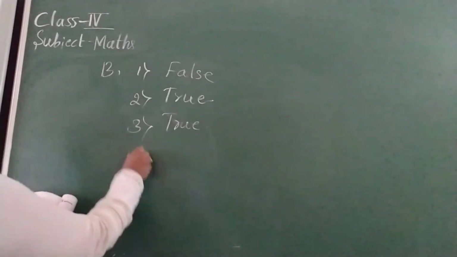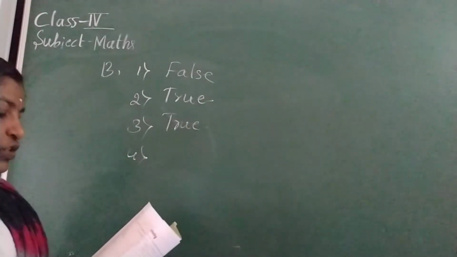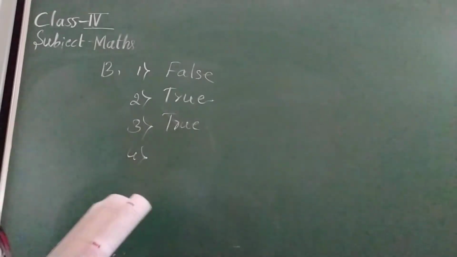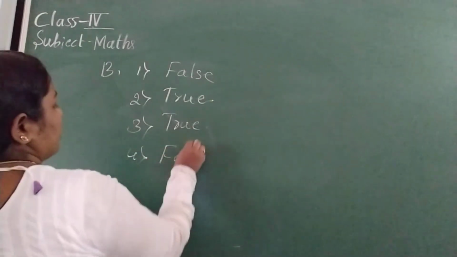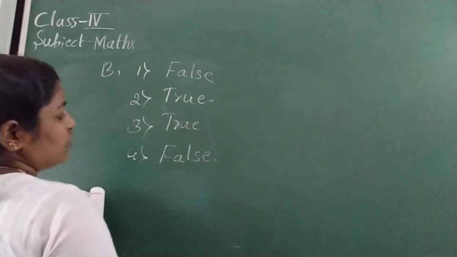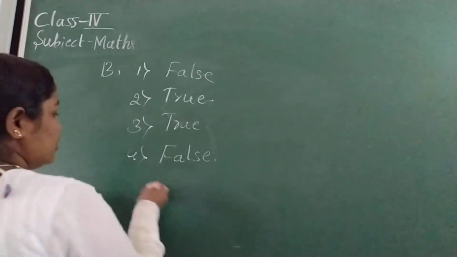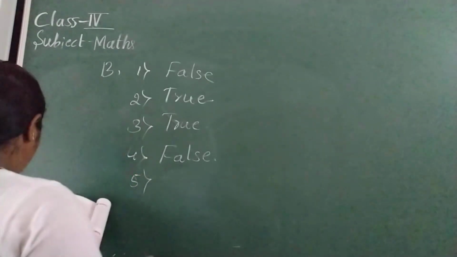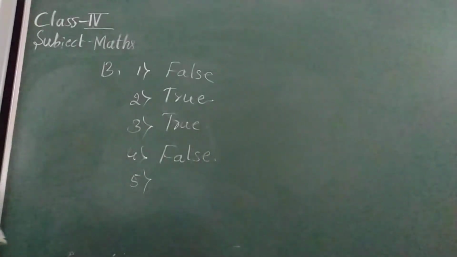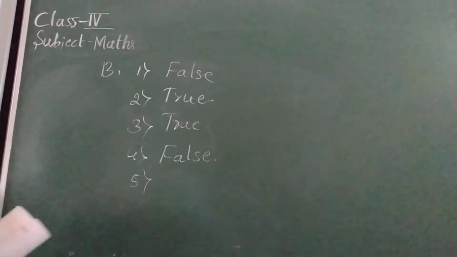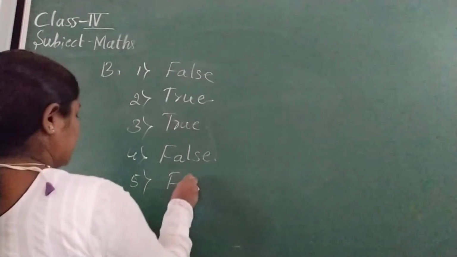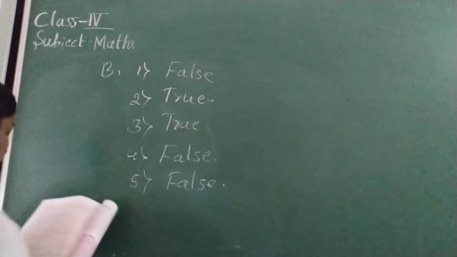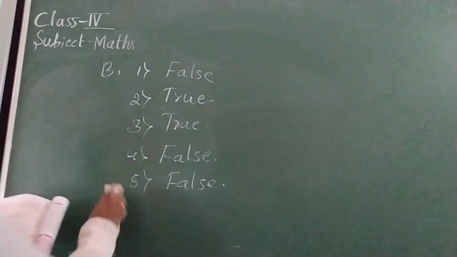Next, fourth one. Remainder is always more than the divisor. False. If the remainder is more than the divisor, again it will go for division. Then fifth, a division fact does not give rise to a multiplication fact. No, false it is.